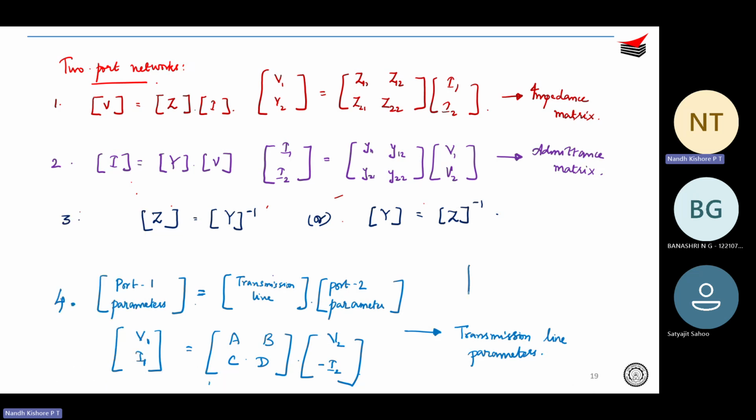So the idea is that you have port 1, P1, and you have a transmission line in between, and then you have port 2.